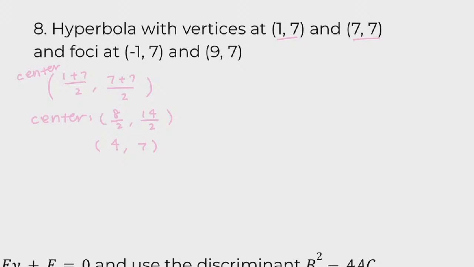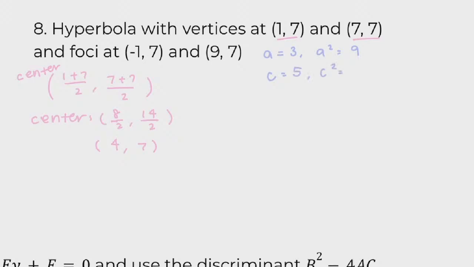Then looking at the distance from the center to one of the vertices, from 4 to 1 and from 4 to 7, that's going to be 3. So that means we know a is 3, so a squared is 9. And then looking at the foci, that's going to give us the c value. So we have negative 1 to 4 and 4 to 9, and both of those are going to be 5.